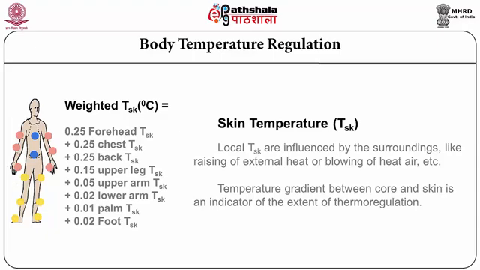That means all the local skin temperatures can be integrated together to arrive at a weighted average skin temperature. I have put a picture here which integrates 8 different sites with some experimentally determined coefficient values. If we apply this equation, you will be able to reach the weighted average skin temperature of the body.